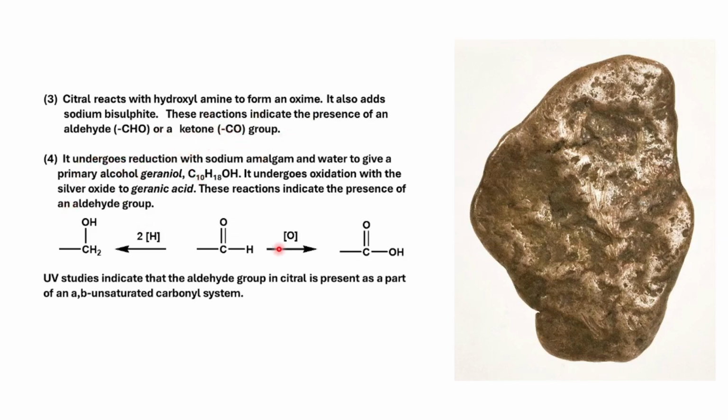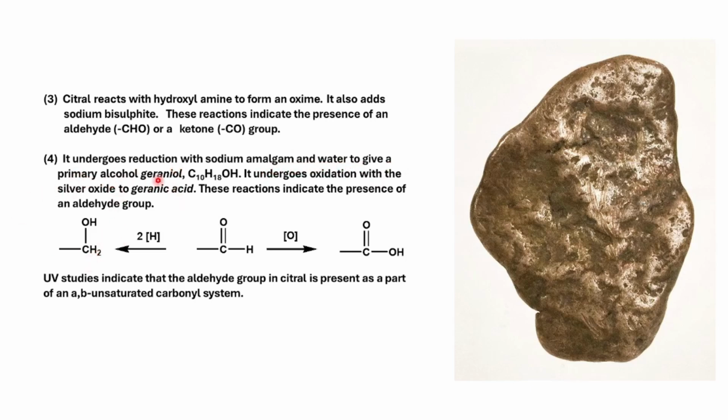These reactions indicate the presence of an aldehyde or a carbonyl group like a ketone. Here you can see that an aldehyde is present in the molecule. After reduction, we will get an alcohol, and after oxidation, we will get acids. Citral undergoes reduction with sodium amalgam and water to give a primary alcohol.